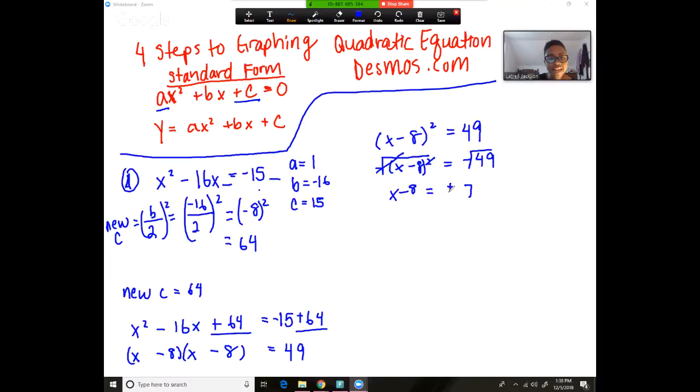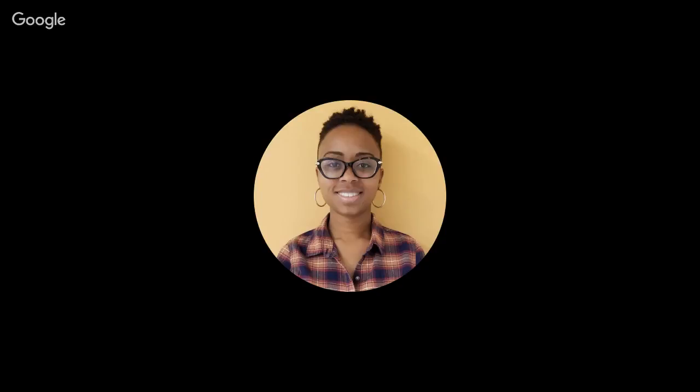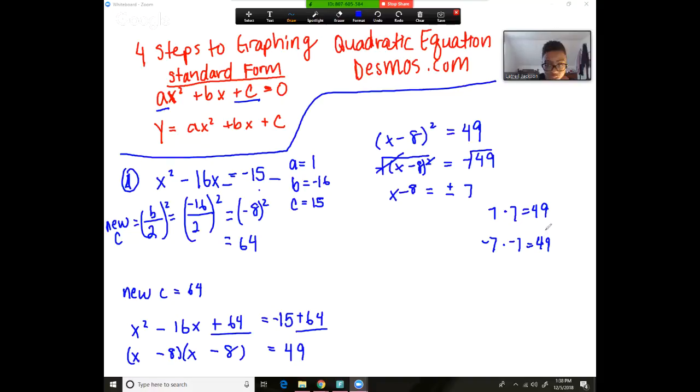We do plus 7 and minus 7. Negative times negative is positive. So in this situation, we're looking for both positive and negative 7.